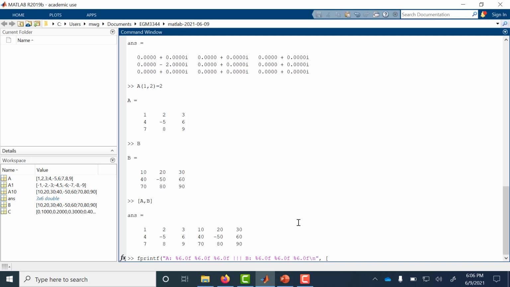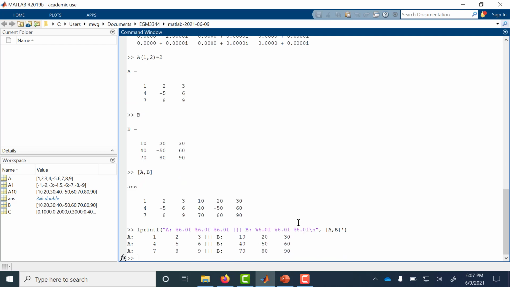And then I can do the A comma B thing again, but remember, I have to put that tick because of the way fprintf works with the way the matrix is stored. So I'm not really printing the transpose here, I'm actually printing what I want.